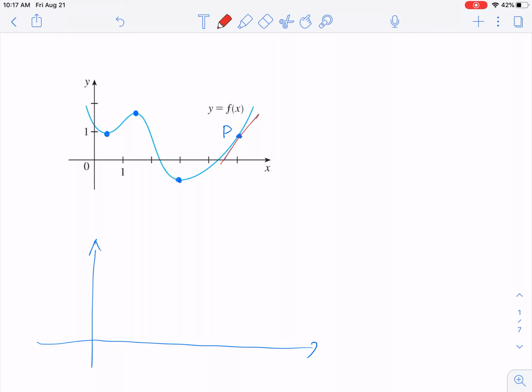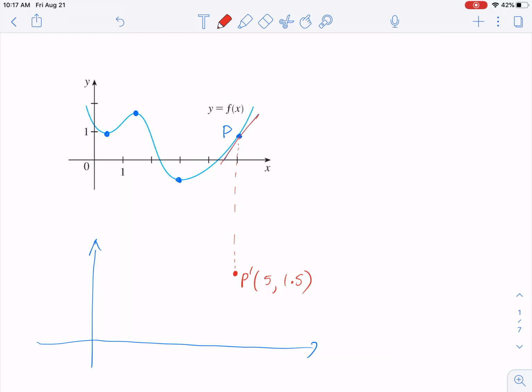So f prime of 5 is about 3/2. We use it to plot the point P prime, which is 5 and 1.5.